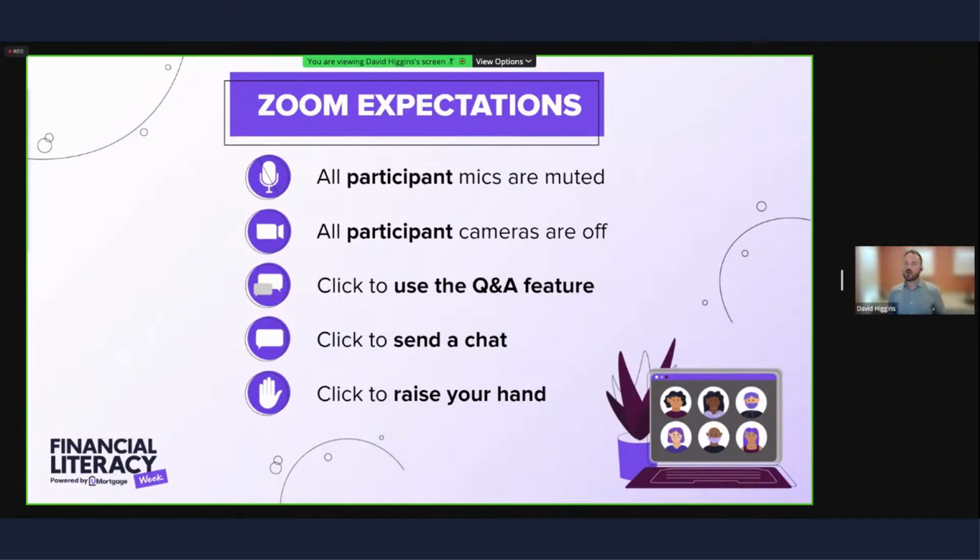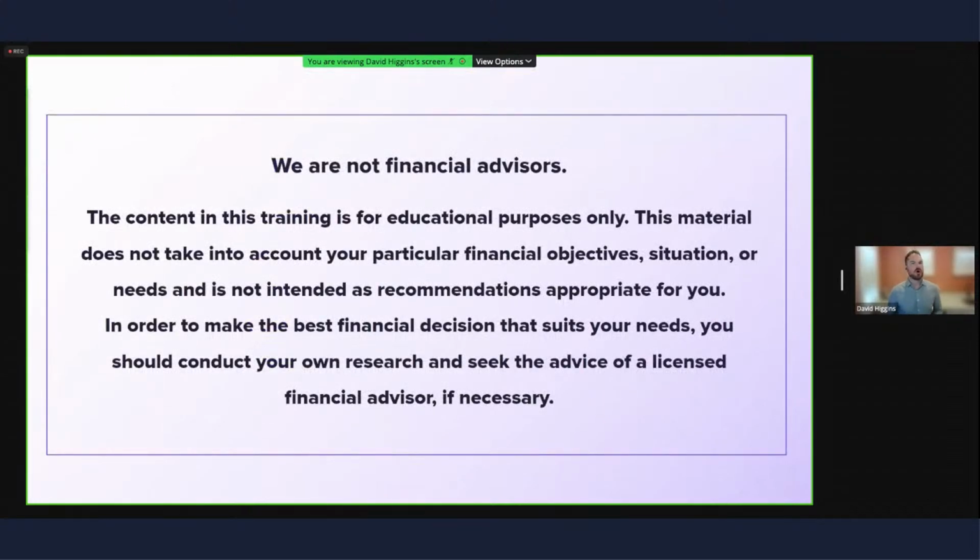Let's dive into a very quick disclaimer that we have to go through with all of you. And that is a simple reminder that I am not a financial advisor. So the content of this training is purely for educational purposes, and the material doesn't take into account any of your particular financial objectives, your situation, or your needs. And it really isn't intended as recommendations specifically to you.